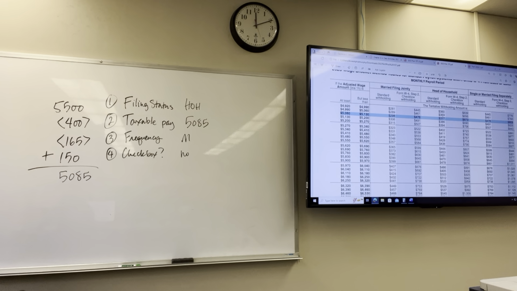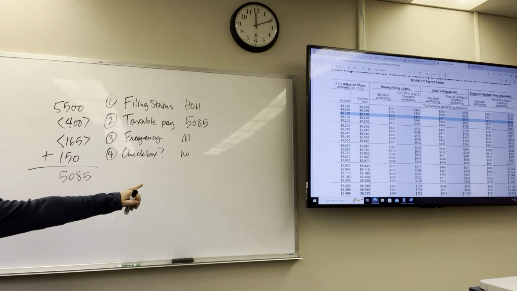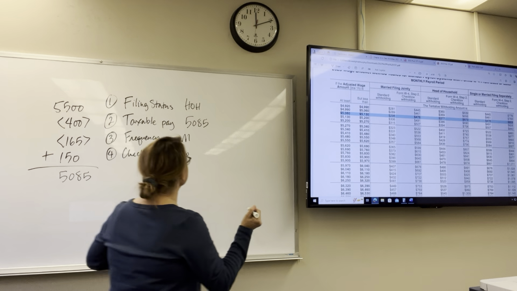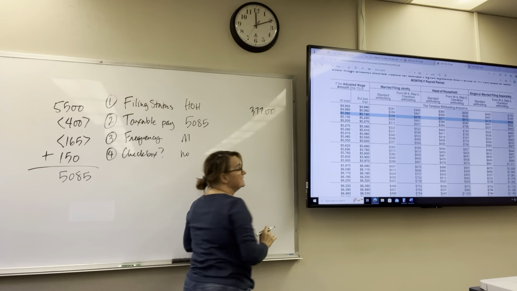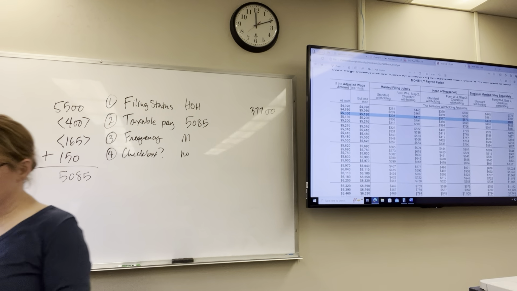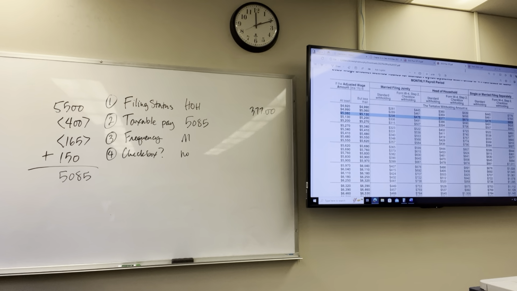He is head of household, no checkbox, standard withholding, so 377. But we're not done yet, right? We've got to account for that child tax credit.